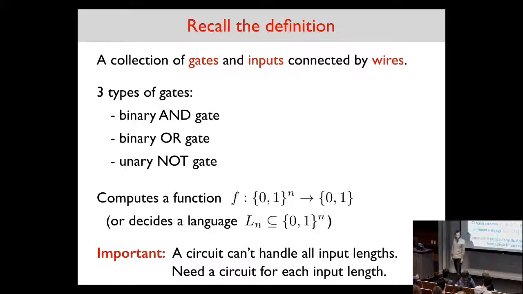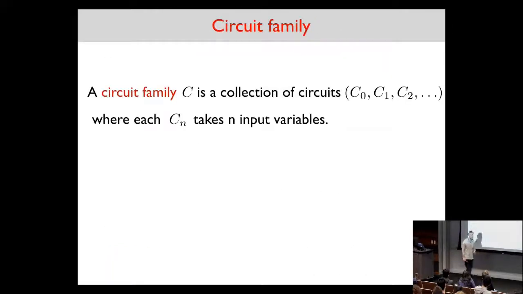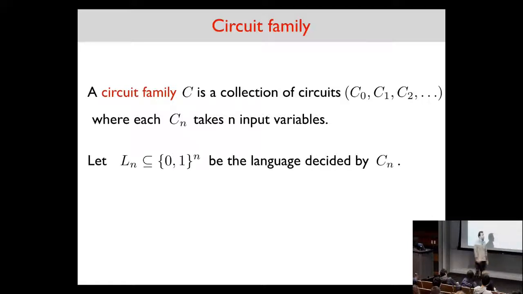That's why when we talk about circuits, we're really talking about a circuit family. A circuit family is denoted by C, a collection of circuits C0, C1, C2, and so on, where each Cn takes n input variables and handles the case for inputs of size n.